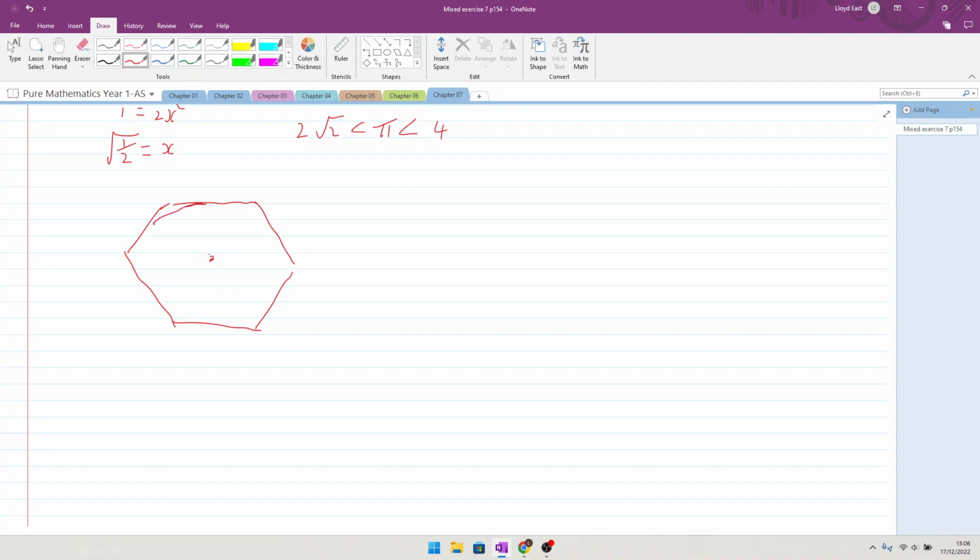Yeah, so if we do one that touches there, so there's my circle that just touches the inside of it, and equally I can then put a circle inside that just touches the corners of it. I don't think that's got enough sides.